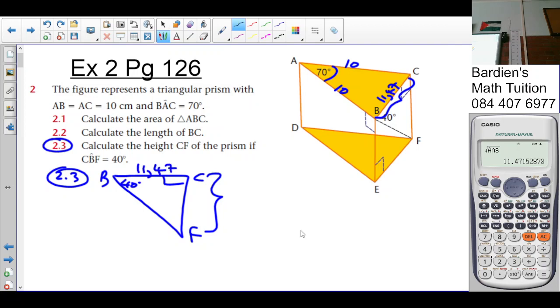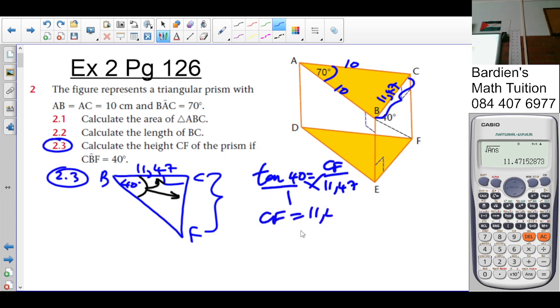Which trigonometric function uses opposite and adjacent? It's tan. So we say tan of 40 equals opposite, which is CF, over adjacent, which is 11,47. So CF is equal to 11,47 tan of 40 degrees.